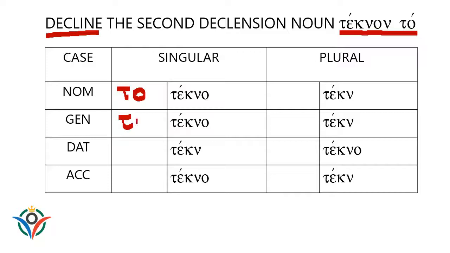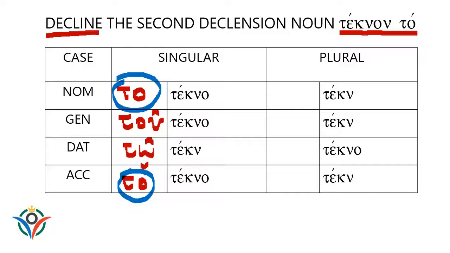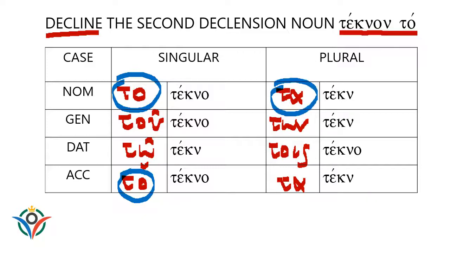So we have to, tou, tō. Remember, it's got the iota subscript beneath it, and to. Remember that the nominative singular and the accusative singular are identical. And then the plurals, we have ta, tōn, tois, and ta. And once again, the nominative plural and the accusative plural are identical.